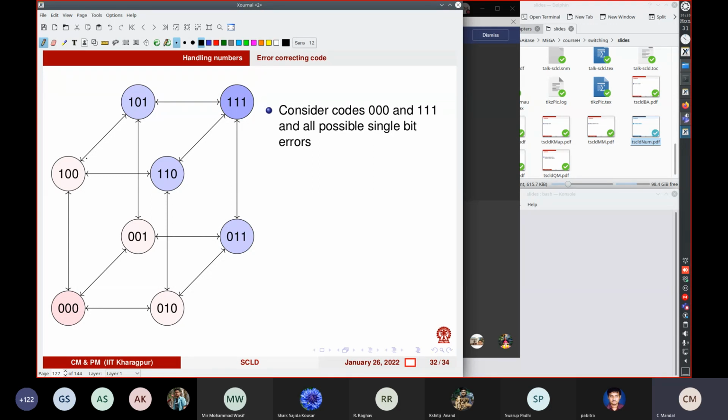Now the interesting thing to note is that there is no overlap among the erroneous codes.